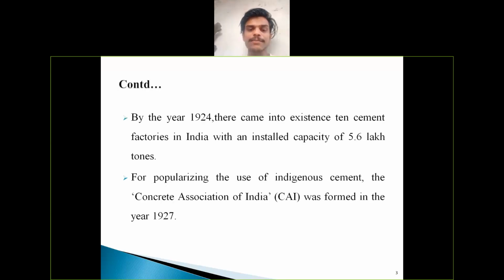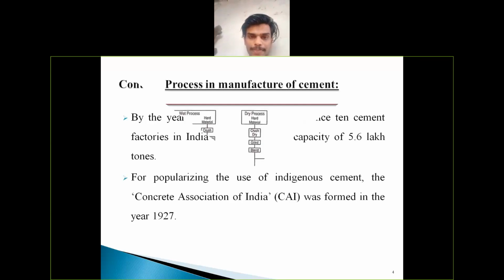Next slide, ma'am. In the year 1924, three more cement factories were established. India had an installed capacity of 5.6 lakh tons. For popularizing the use of indigenous cement, the Concrete Association of India was formed in 1927. Next slide.